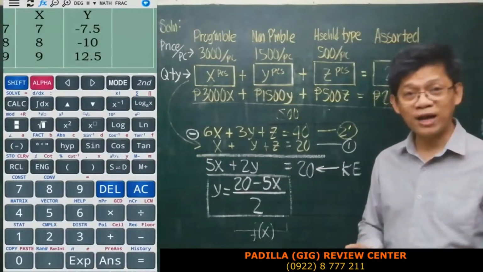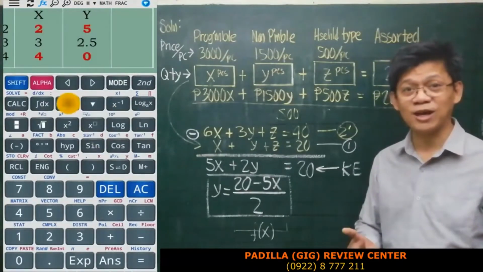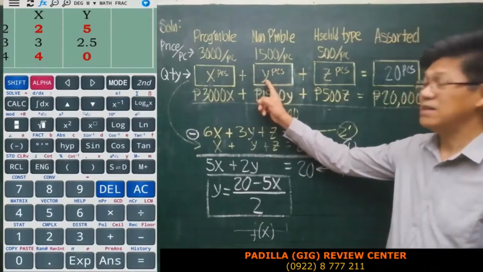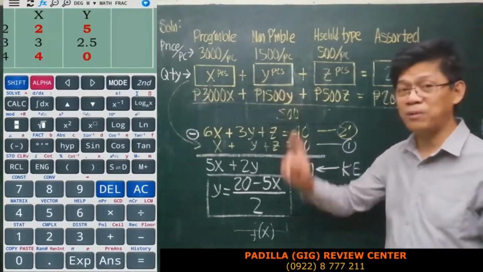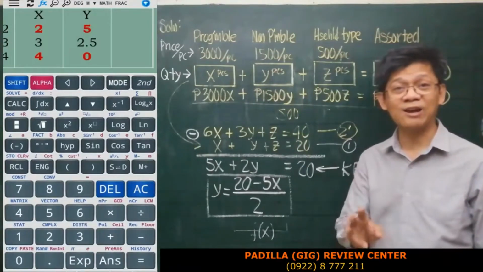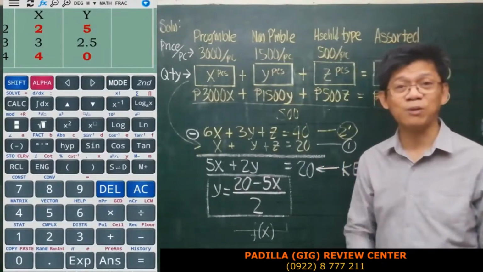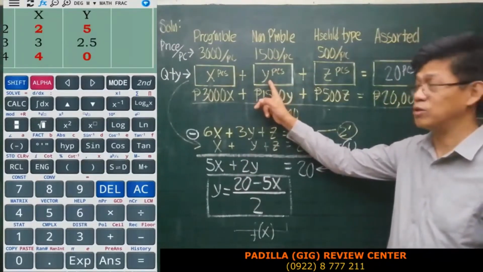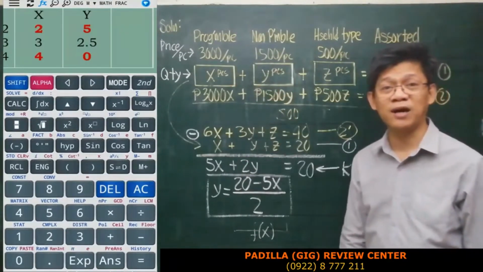0. But while y is 0 is a whole number, remember that y cannot be 0 because the problem says there are 3 types of calculators. If y will be 0, then that condition will not be satisfied anymore.